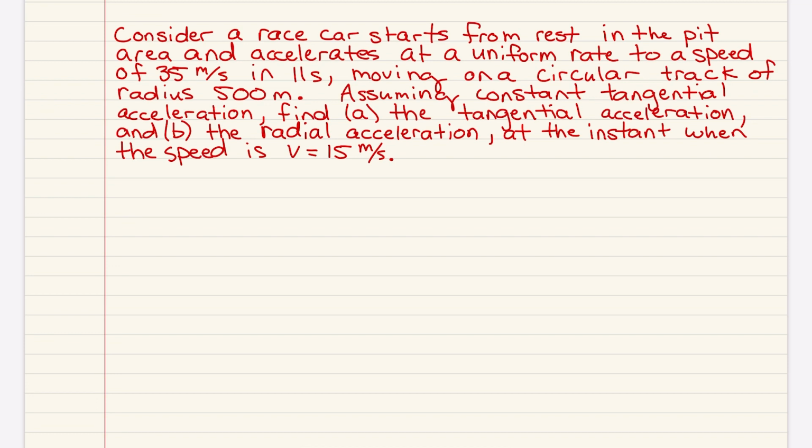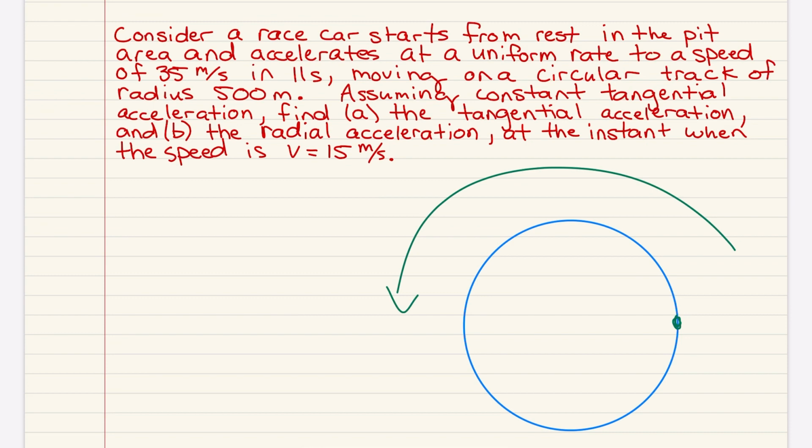So part A just asks us to find the tangential acceleration. And it tells us that in this scenario, we have constant acceleration, so the acceleration should be the same anywhere on the circular path. So if we are dealing with some circular motion, and we have some car accelerating from rest in a counterclockwise path, I'm just assuming a counterclockwise path. You could definitely set this up to where it was accelerating in a clockwise path.